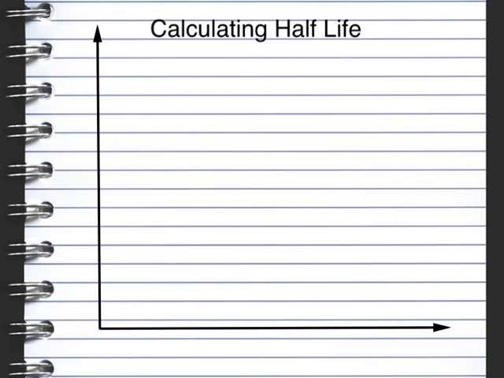So how can we calculate the half-life? What we can do is we can measure the activity of the radioactivity against a length of time. We should nearly always get a graph that looks something like this.